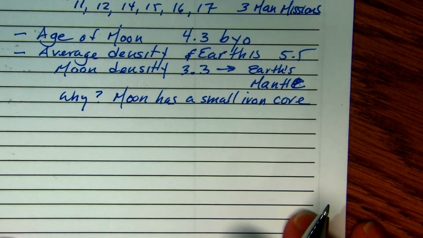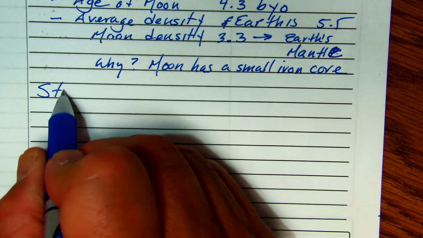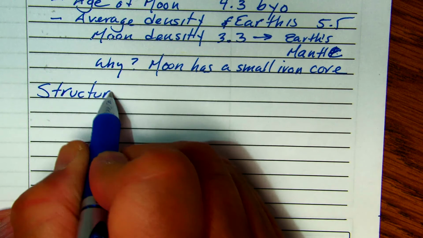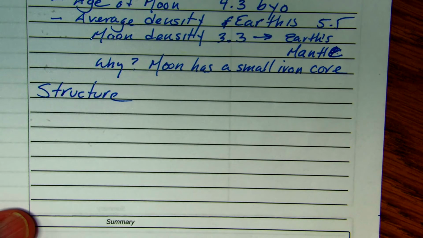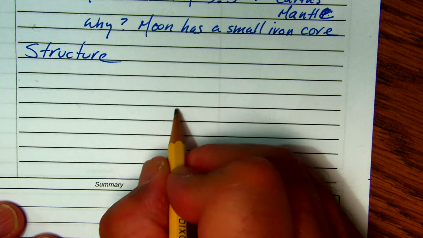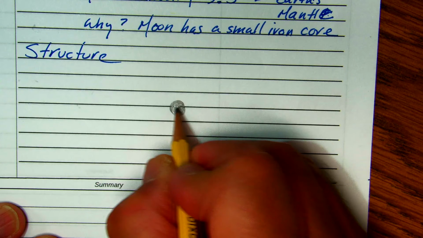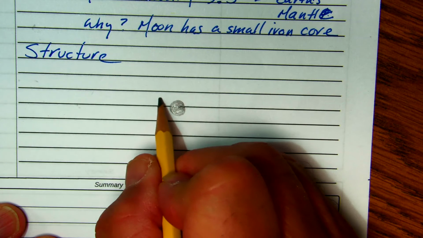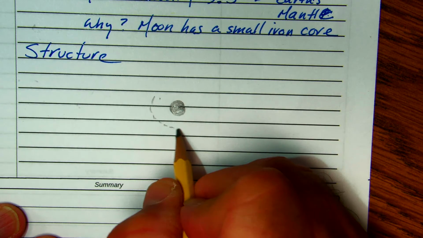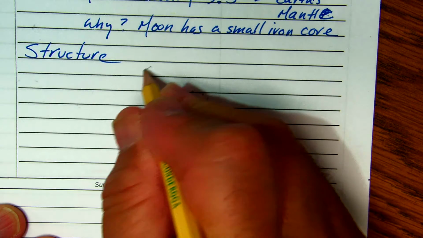Okay, and then lastly we'll wrap it up with the structure. In the structure itself I'm going to draw an iron core, an outer core around the inner core, and then the crust itself.